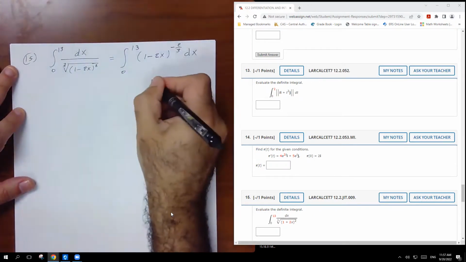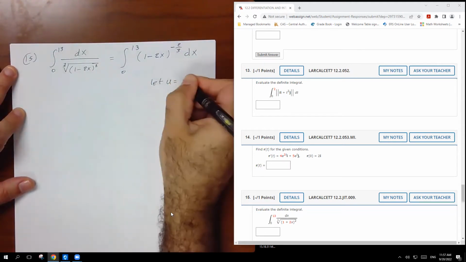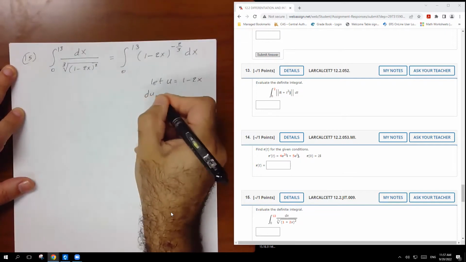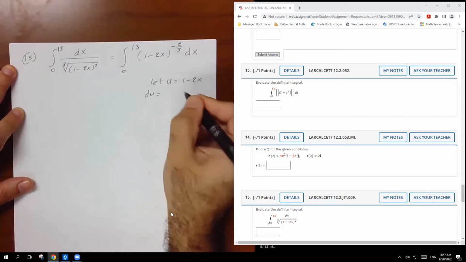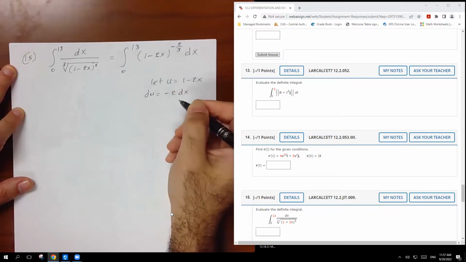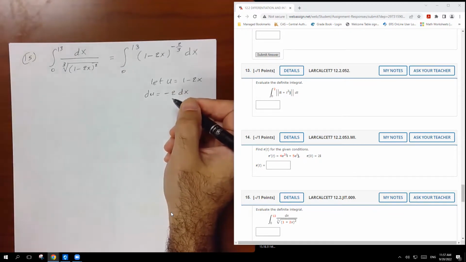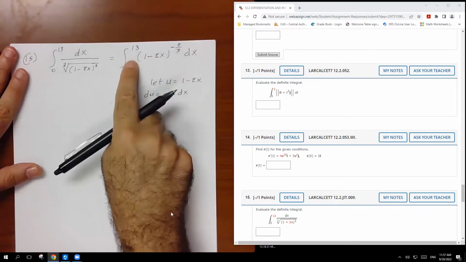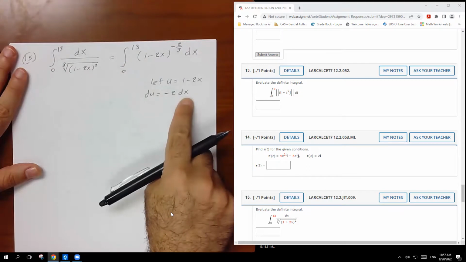So I'm going to let u equal 1 minus 2x. That means du is going to be negative 2 dx. Negative 2 dx divided by negative 2, because there is no negative sign here, and there is no 2 here.